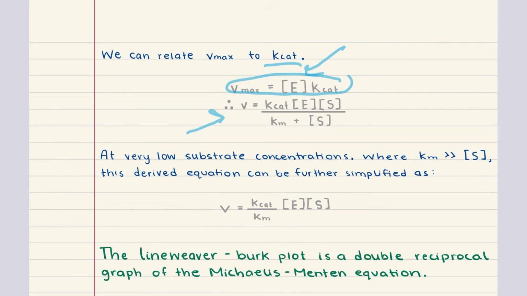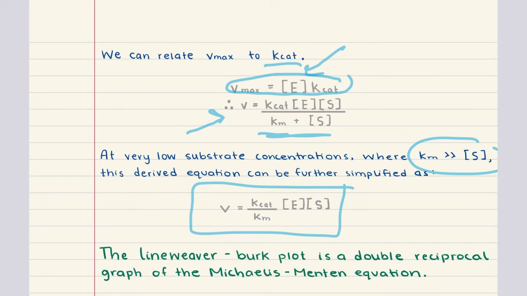At a very low substrate concentration, specifically when Km is much greater than [S], this equation can actually be simplified. Since [S] is so small compared to Km, we can drop the concentration of the substrate, [S], from the denominator, and we end up with this equation right here.